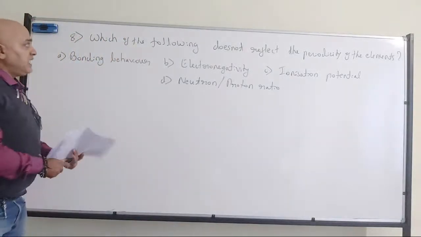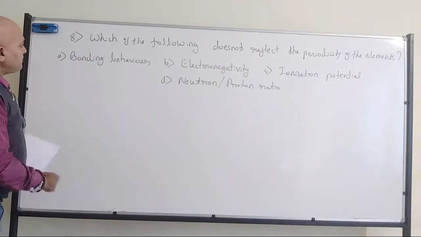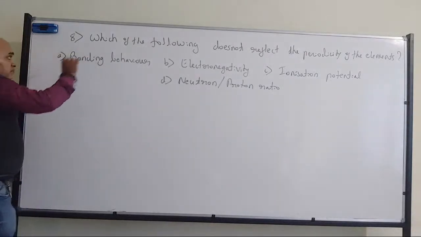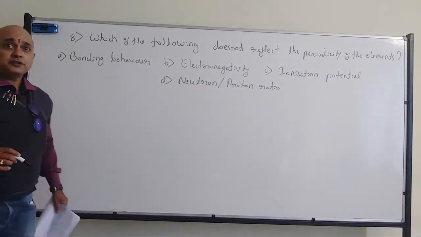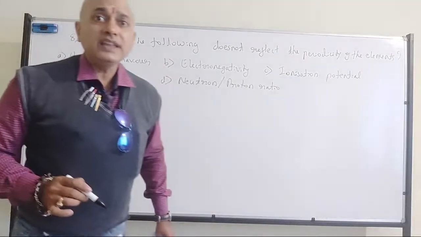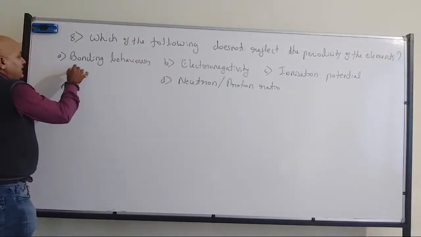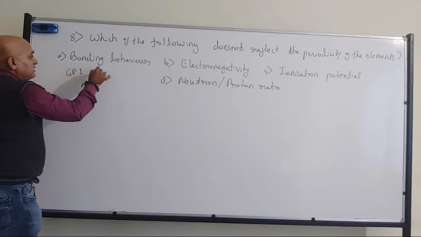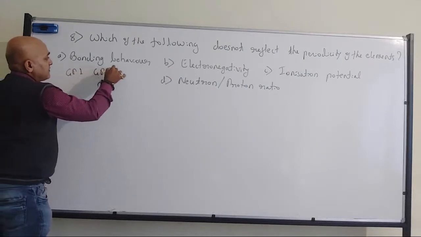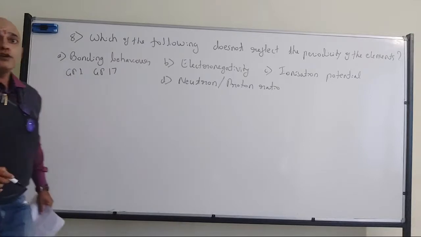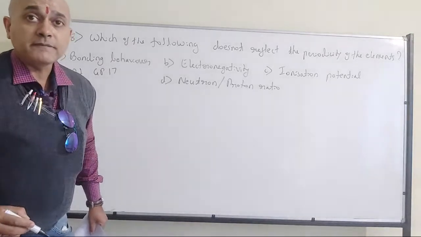Yes. Now, when it comes to bonding behavior, it is a periodicity. It is related to the periodic property of the element. As I told, if a group 1 element is interacting with a group 17 element, it will go for ionic bond.